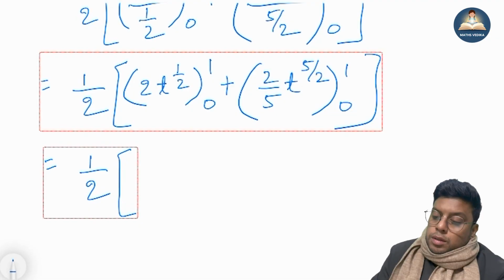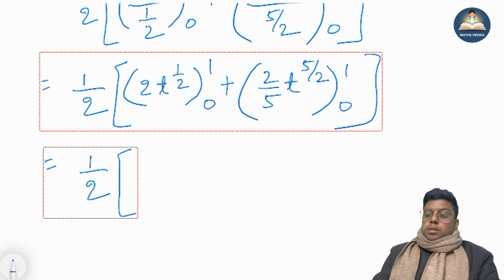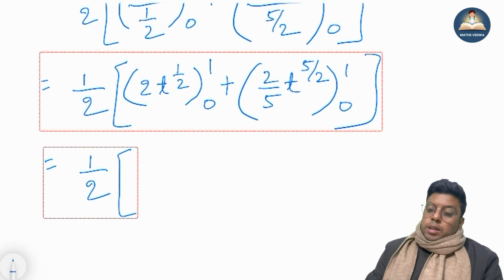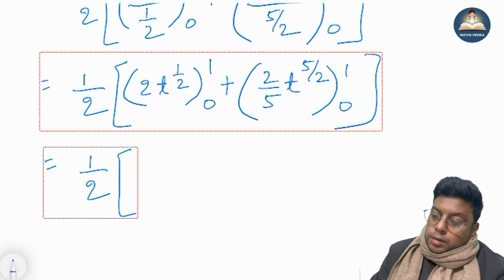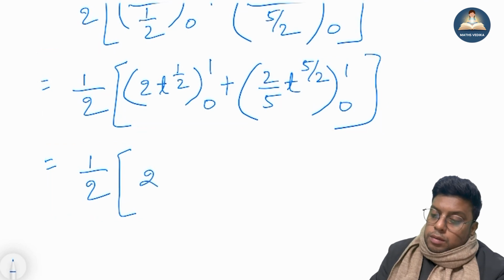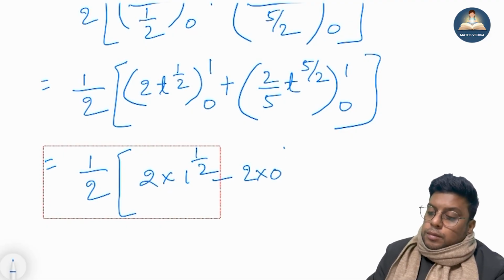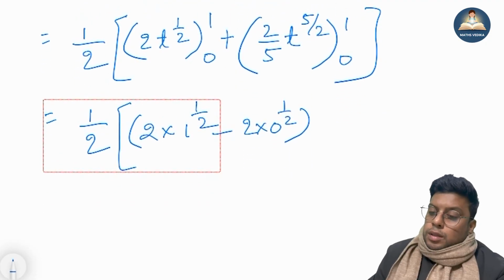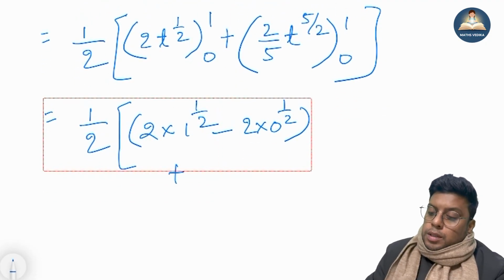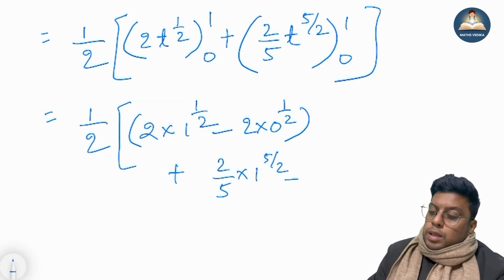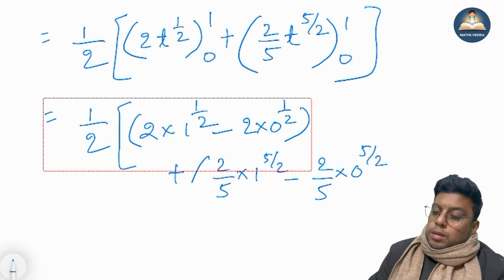Now this is equal to half. When we put the value of t at 0, the value in this bracket becomes 0. So let's put the value of t as 1: 2 into 1 to the power half, minus 0, plus 2 by 5 into 1 to the power 5 by 2, minus 2 by 5 into 0 to the power 5 by 2.